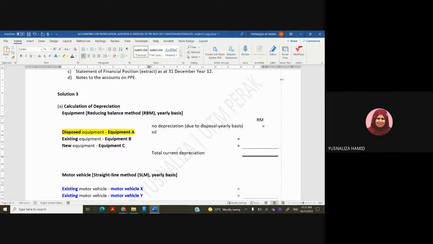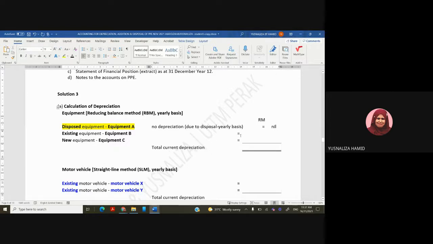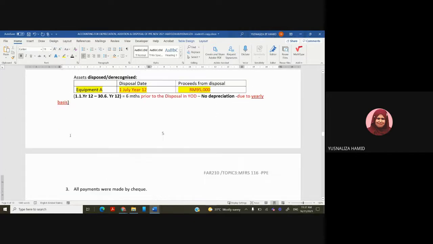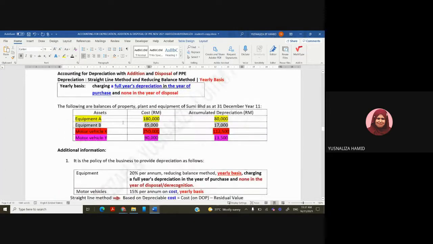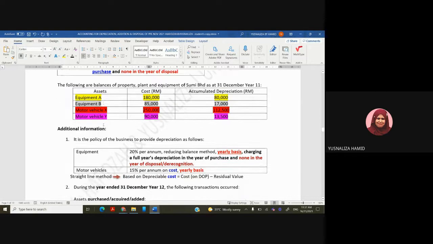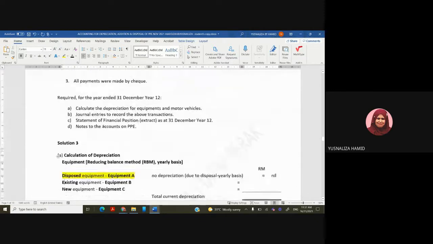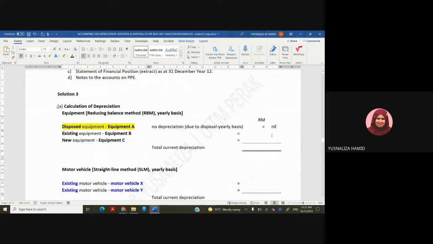Next is the second one, which is existing equipment B. Existing equipment B is the same, no problem, but it is going to be charged for yearly depreciation as well. So you just do as usual.